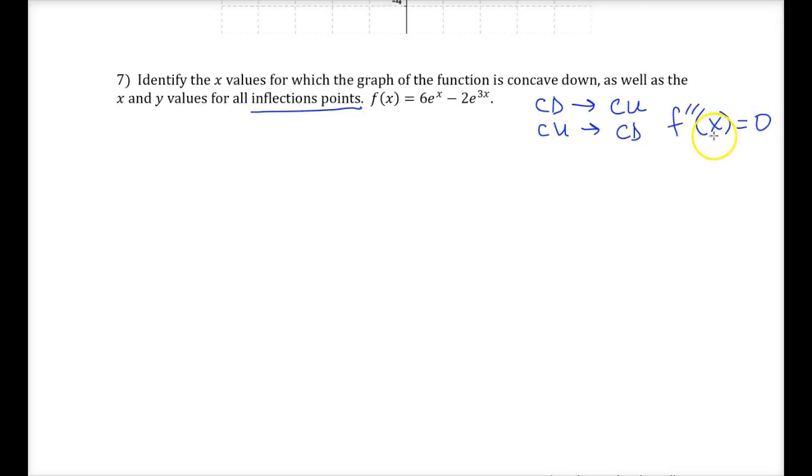And the values of x that satisfy this equation will be the values where we will have those inflection points, provided that the function is actually defined at those x values.